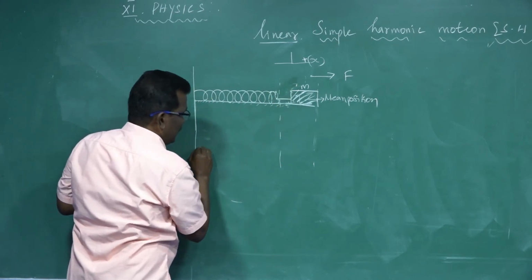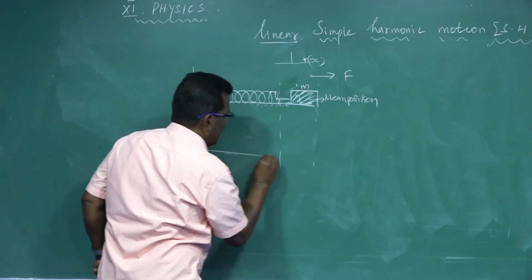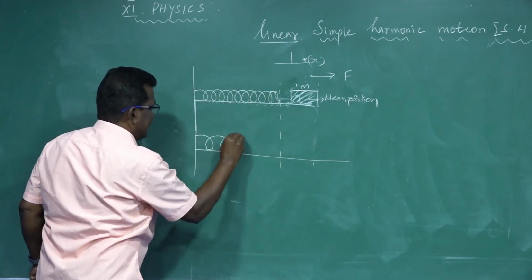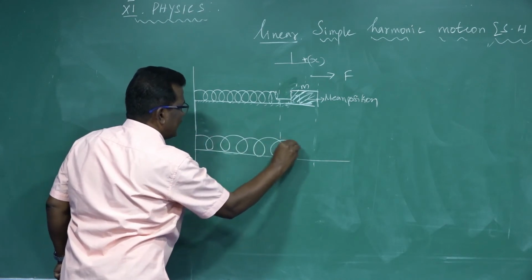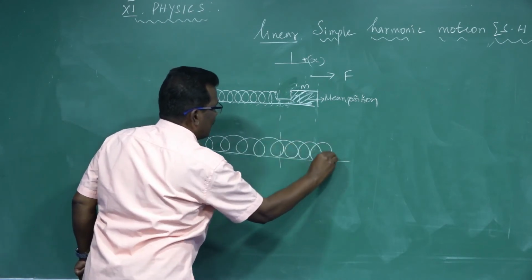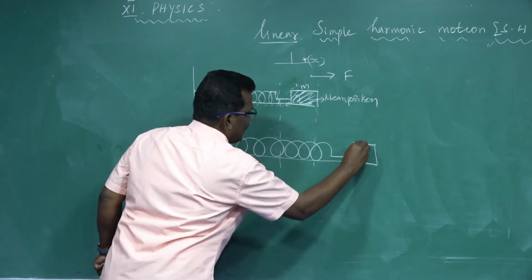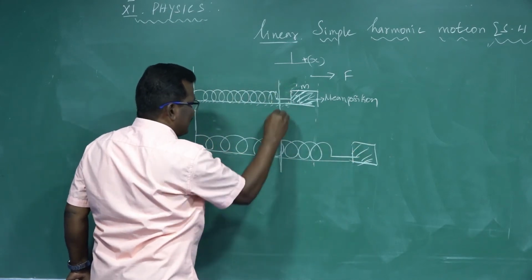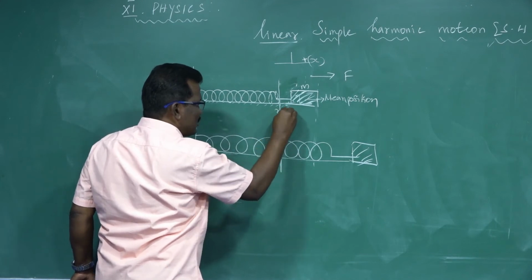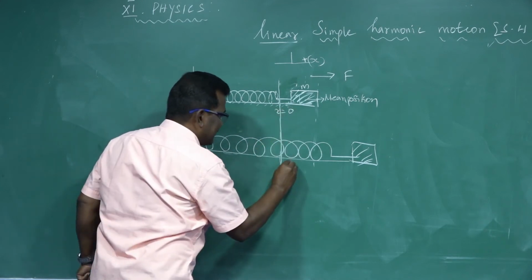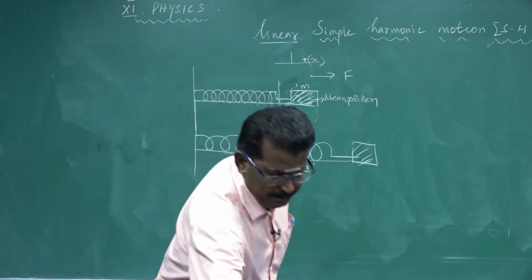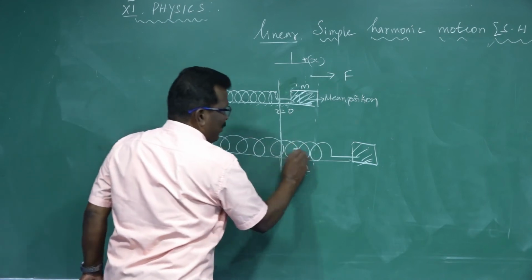Initially it is at the mean position, where x is equal to 0. When the force is applied, the body extends. Now x is positive; the body is moving along the positive axis.